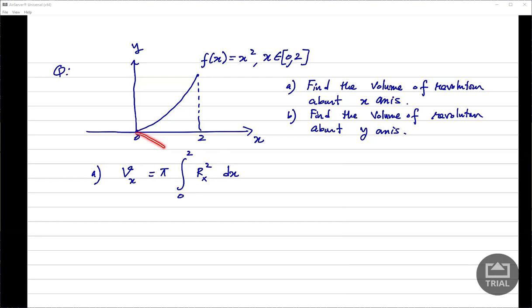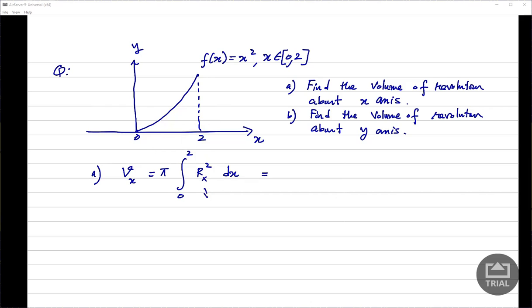So this is my mirror, and this would be my disk. I told you the disk should be perpendicular to x. So in that case, this is going to be your R(x), right? That R(x) height is equal to x squared, right? So you can replace R(x) by f(x).